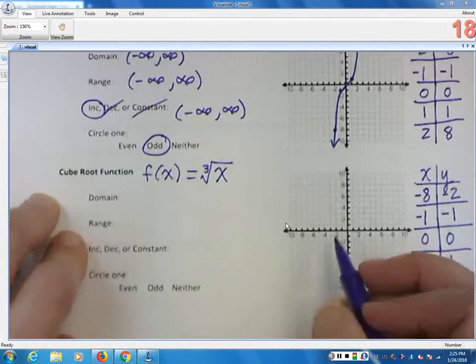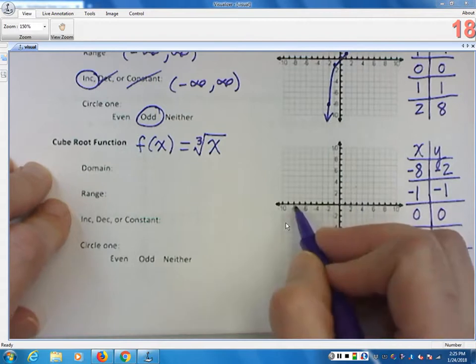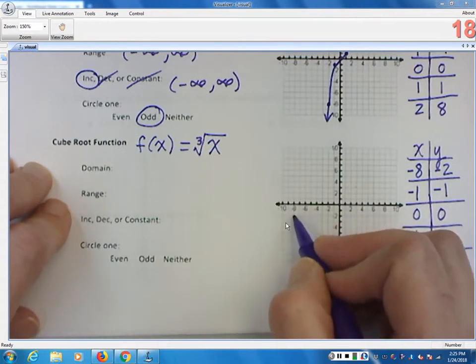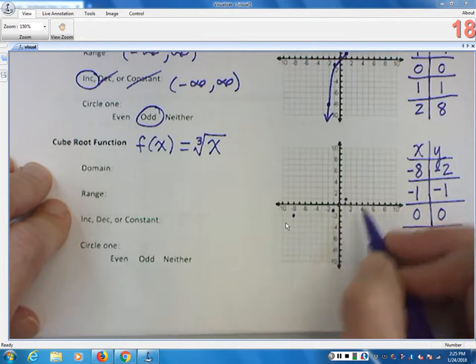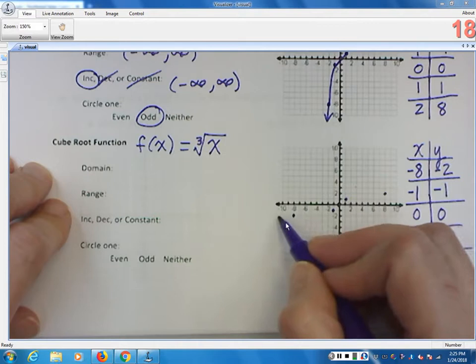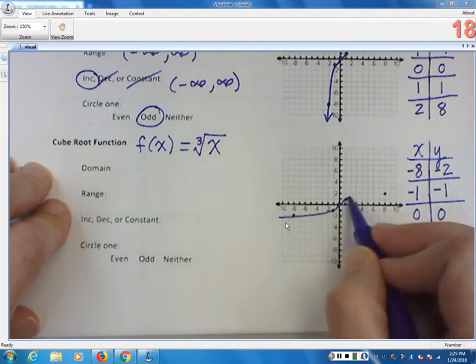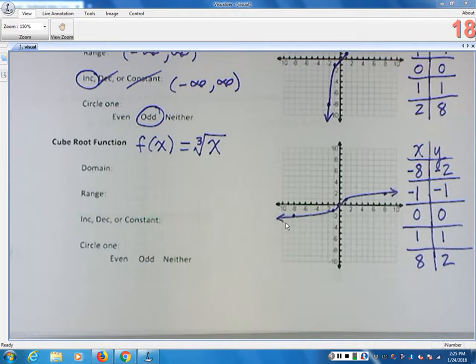And so here's what it looks like. Minus 8, minus 2, minus 1, minus 1, 0, 0, 1, 1, 8, 2. And that's the cube root function.